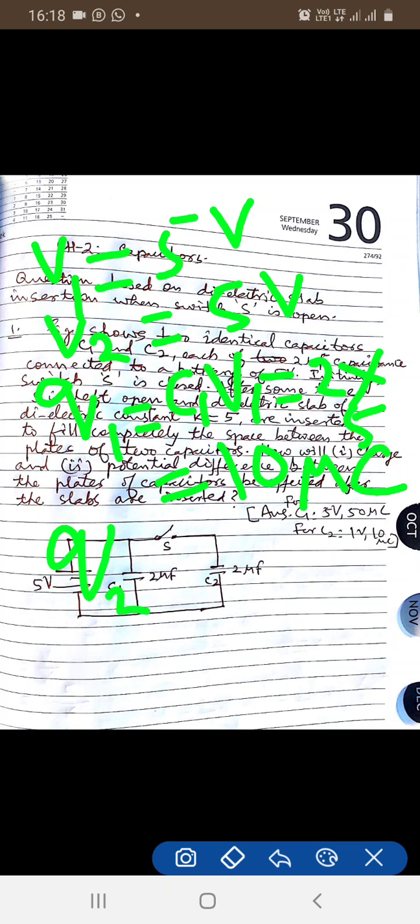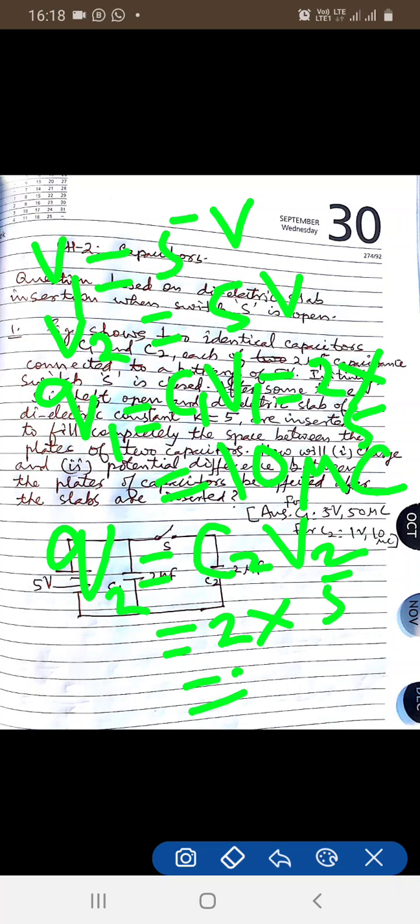Q1 equals C1 into V1, C1 is 2 multiplied by V1 is 5, so it will be 10 microcoulomb. Charge stored by capacitor C2, Q2, is equal to C2 V2, C2 again 2 microfarad and V2 is 5. So, 10 microcoulomb.